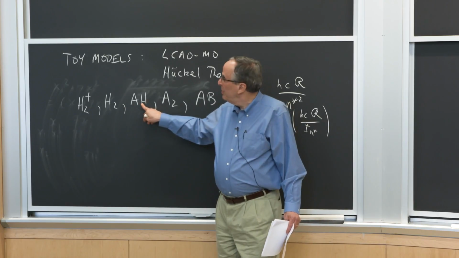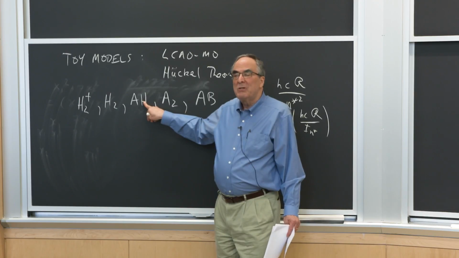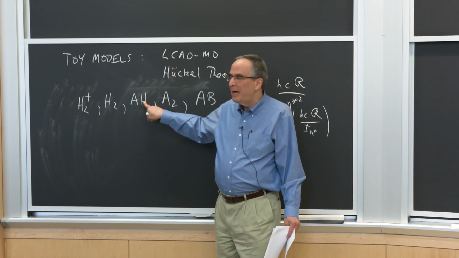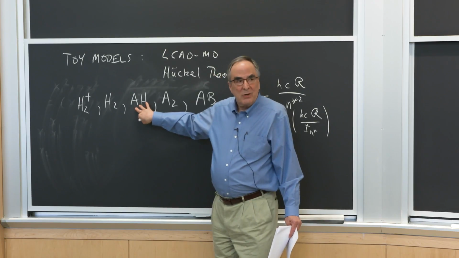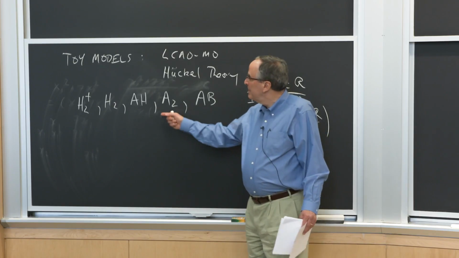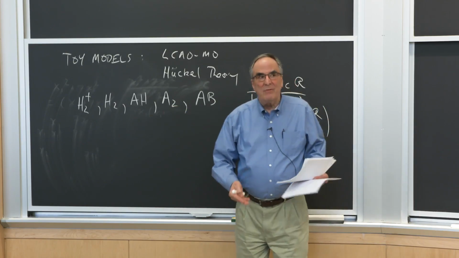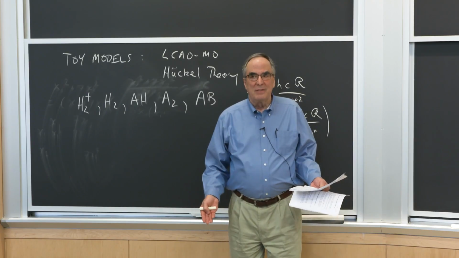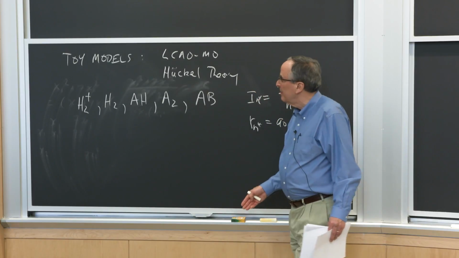But because hydrogen only can make sigma bonds, because the p orbitals in hydrogen are so high, it's a simpler picture and can easily be understood. This is in all the textbooks, and it's more or less given to you as something to memorize. But there's a lot more to it than just memorization.